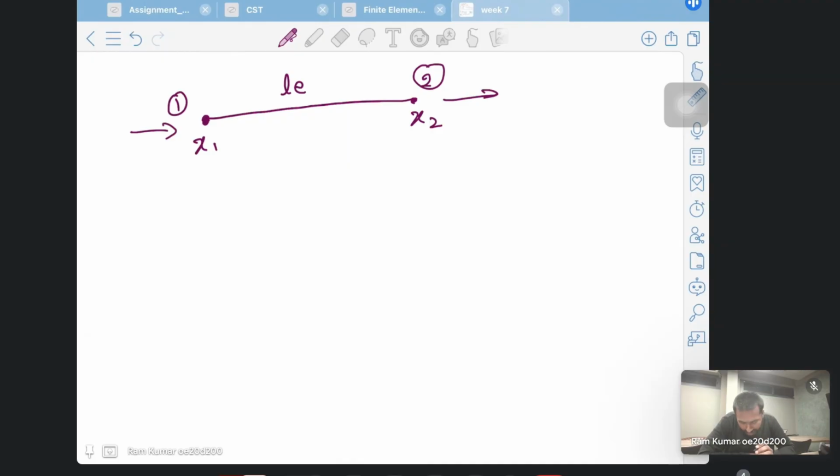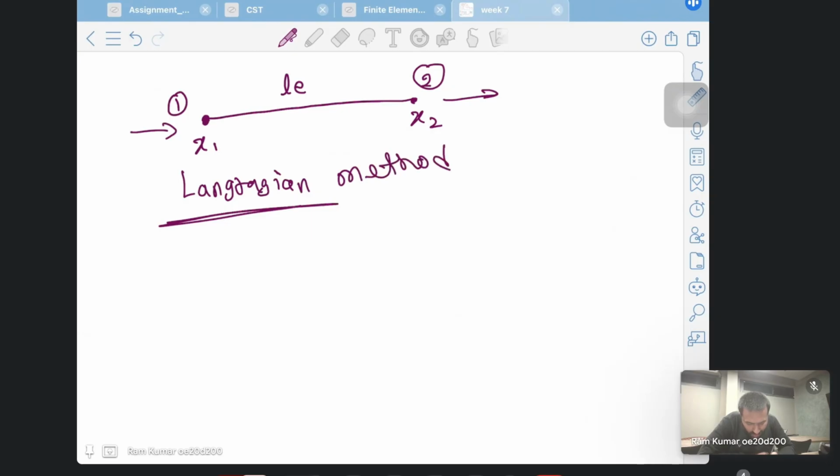So I think you heard the name Lagrangian somewhere. So by using the Lagrangian method, how to find the shape function? I think you know how to find it. Like, I want to find N1.